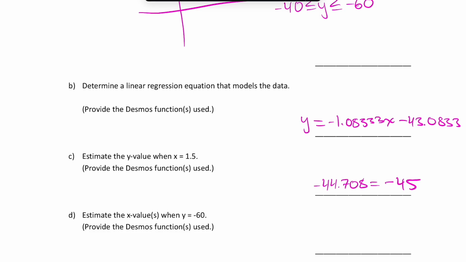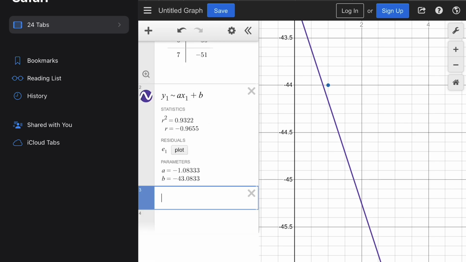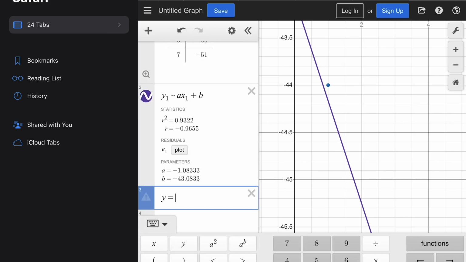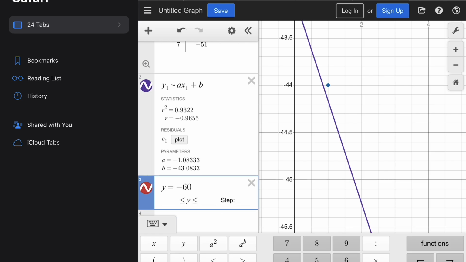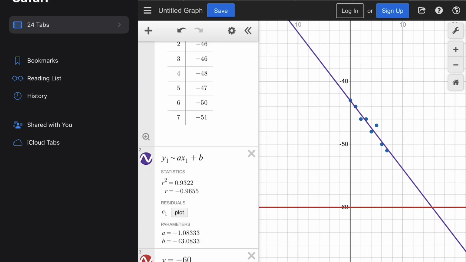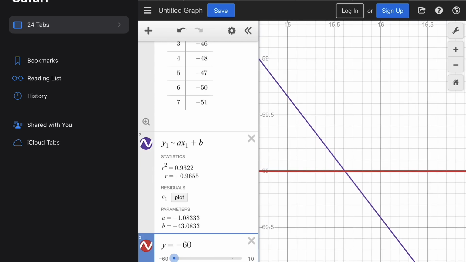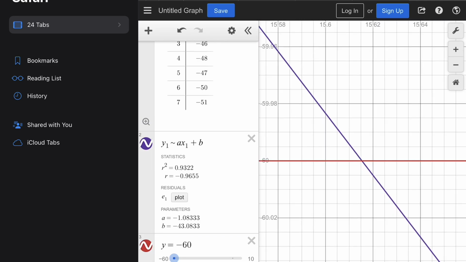And when y equals negative 60, exact same thing, you just plug it in here. Whoa. Y equals negative 60. And then, where is that? Oh, down here. And you find the intersection point. Excuse me?